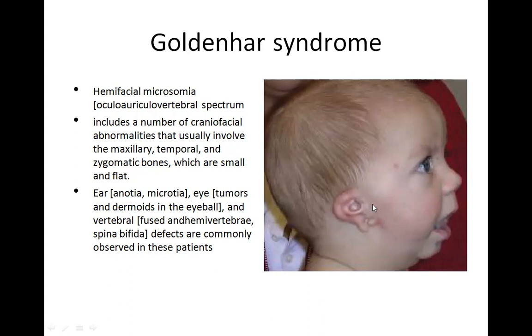The ear is also not formed. There is microtia, small ears. In the eye, there are tumors and dermoids in the eyeball, and the vertebrae are also fused. There are hemivertebrae and spina bifida, which are commonly associated with it. So it is also a neural crest cell abnormality. So it is Goldenhar syndrome.